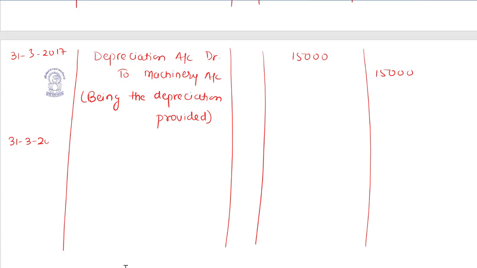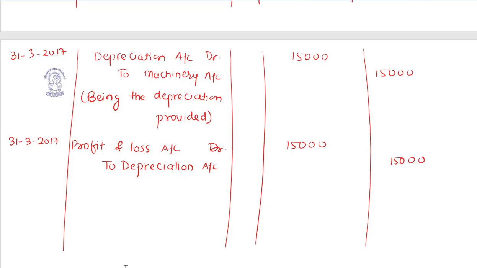Transfer this amount of depreciation to profit and loss account. So the next entry is profit and loss account 15,000 to depreciation account 15,000.